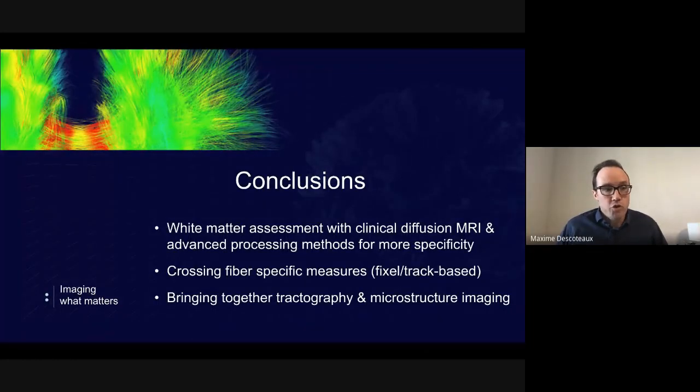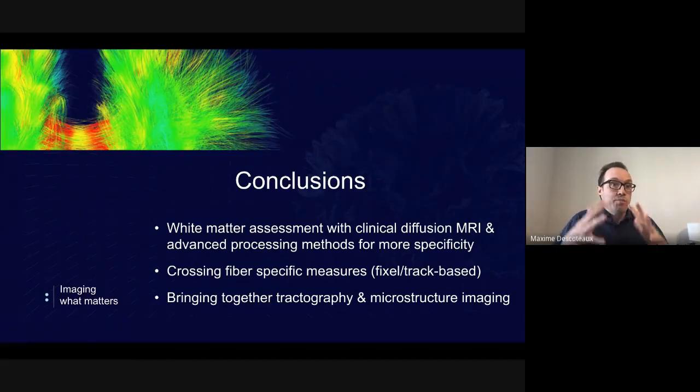So in conclusion, I hope I introduced you to diffusion MRI and the potential of diffusion MRI. I highlighted the importance of being specific, so to include more advanced processing and reconstruction tools that are, by the way, usable as of today on DTI-like data, but we just need more sophisticated processing.